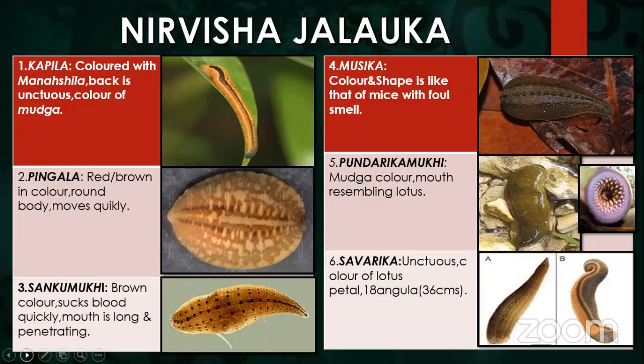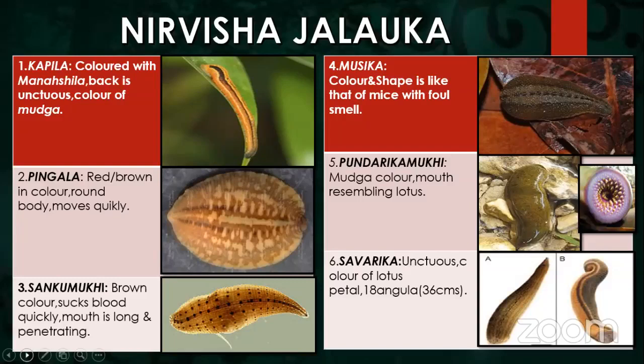Next, fourth one is Mushika. Mushika in the sense we all know that it is a mouse. So it resembles the color and shape of a mouse, and it also has a foul smell. Next, fifth one is Pundarikamuki.